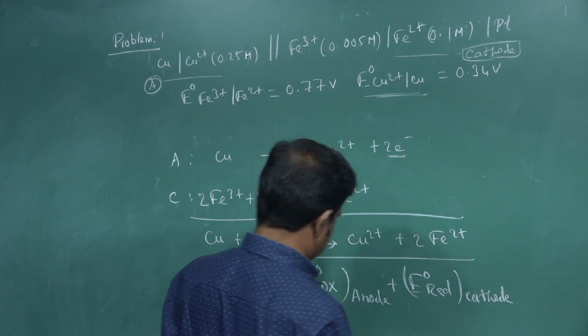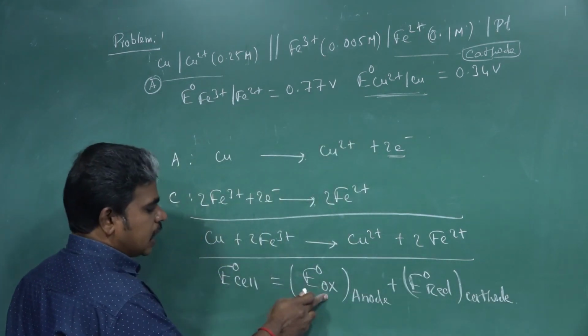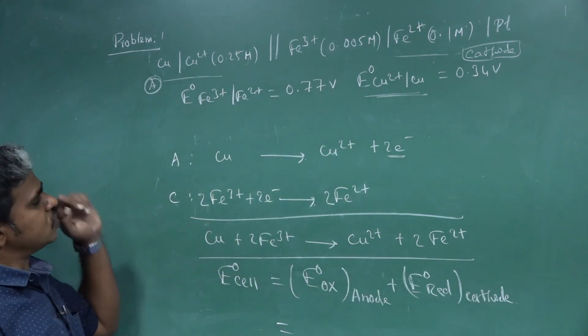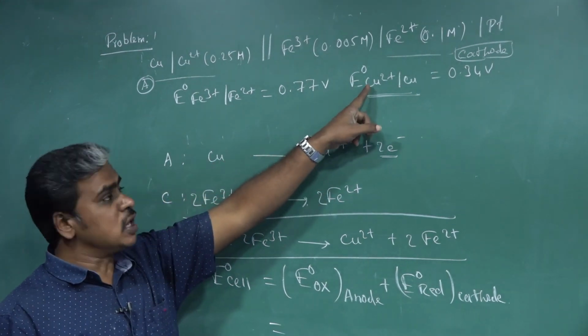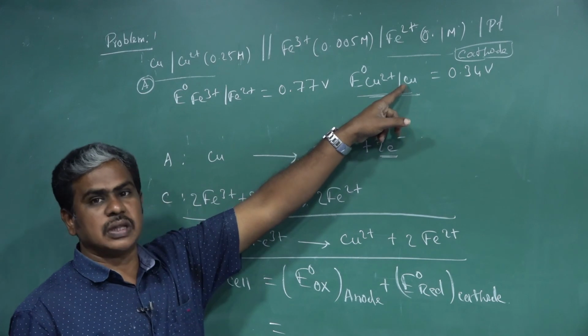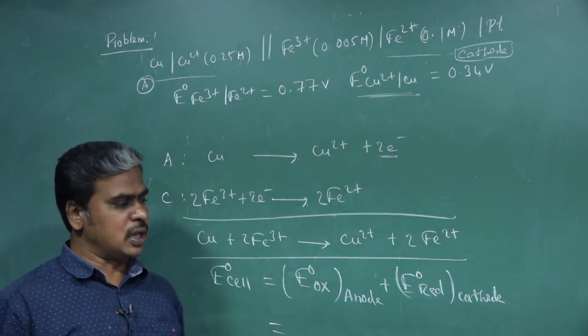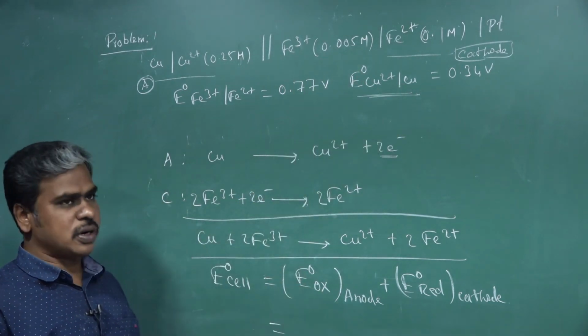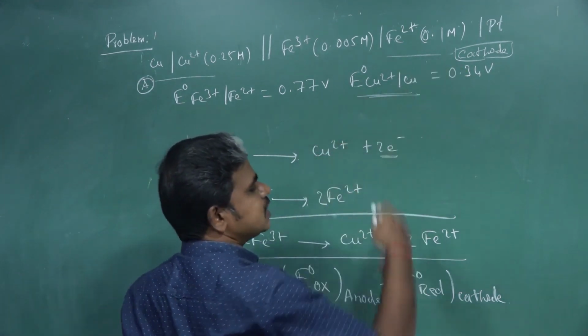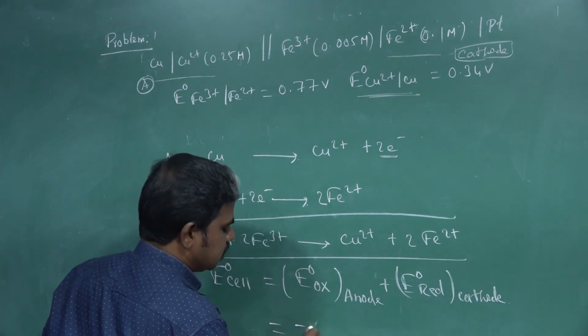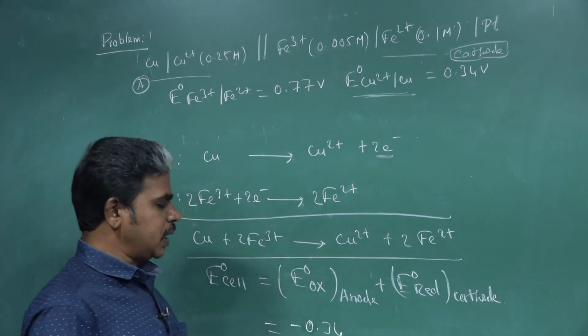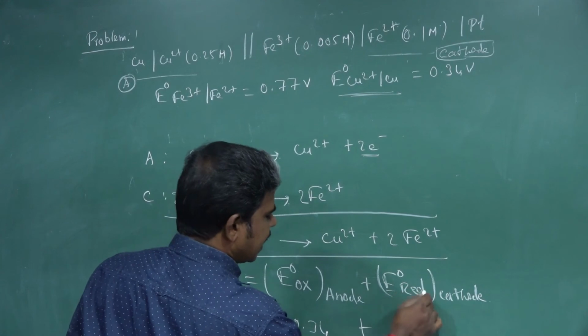Now we take the oxidation at anode. What is that oxidation? Cu becomes Cu2 plus. But the given value is for Cu2 plus becoming Cu, which is the reduction potential. We want the oxidation potential, so just change the sign. So it is minus 0.34.